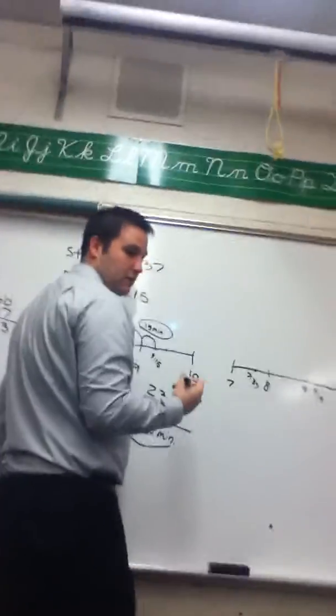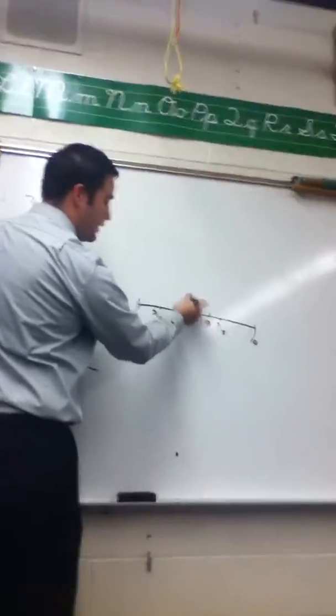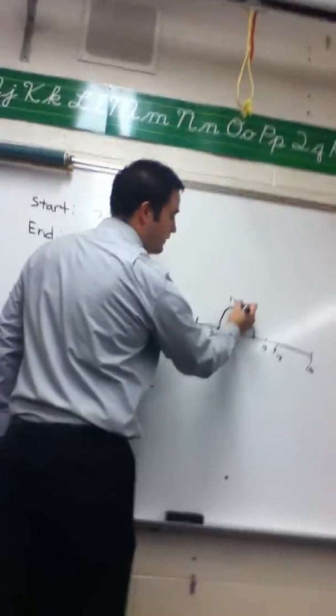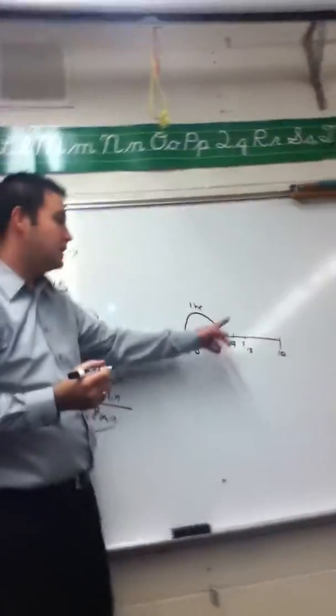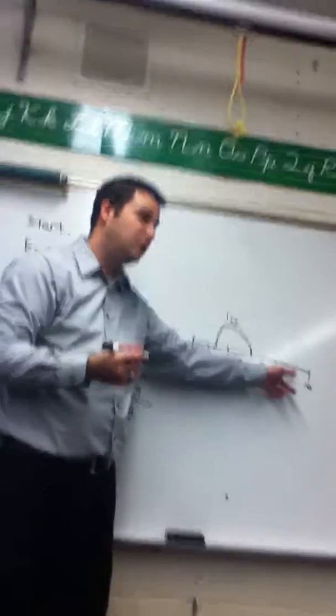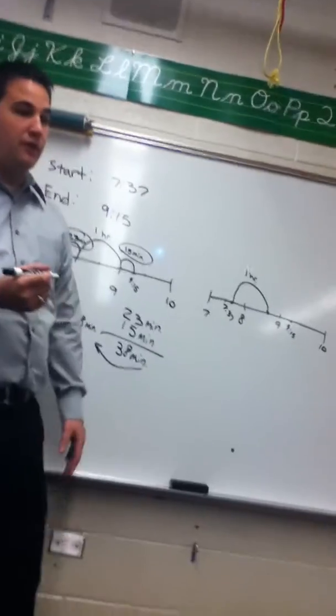So if you did a full hour jump from 7:37, what would be an hour from then? 8:37. So they like to jump all the way to 8:37 first. Now, can you go from 8:37 to 9:37? No, that's too far because you have to stop at 9:15. So you can't make another full hour.